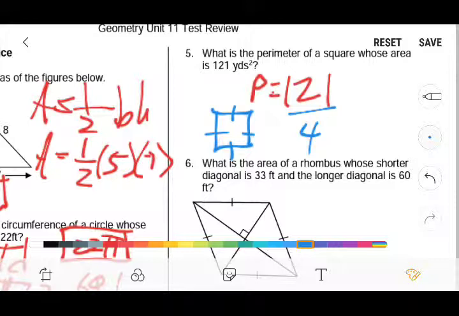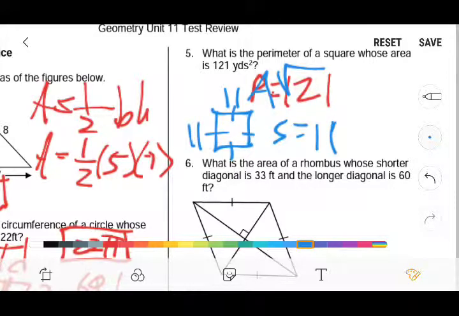Wait, that's not how you do this one. So area is 121, which means take the square root of that. The side length equals 11. So each of these sides is 11. So then it's 11 times 4 is 44. That's the perimeter.